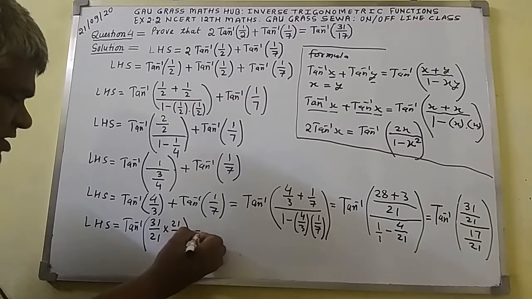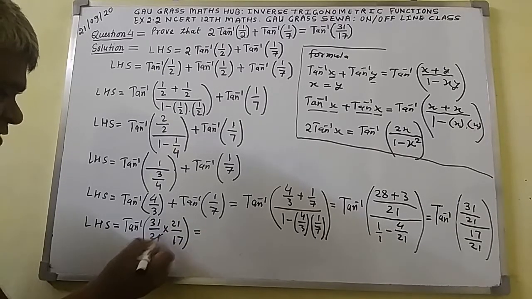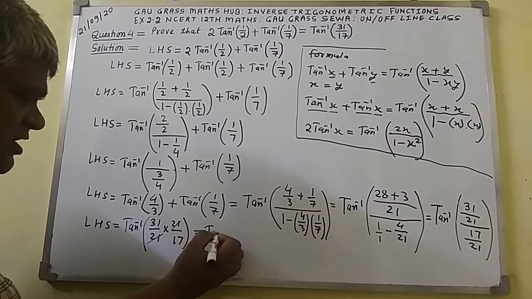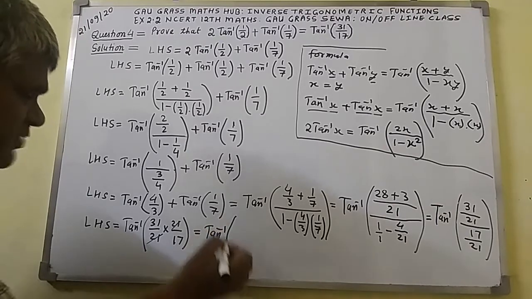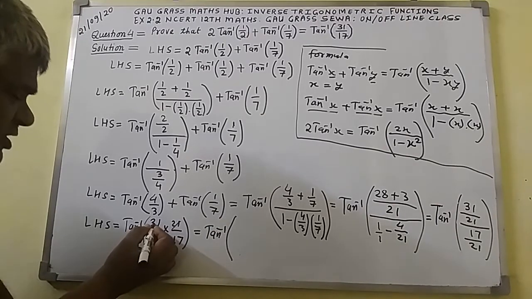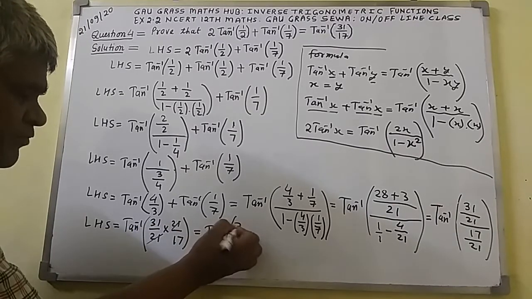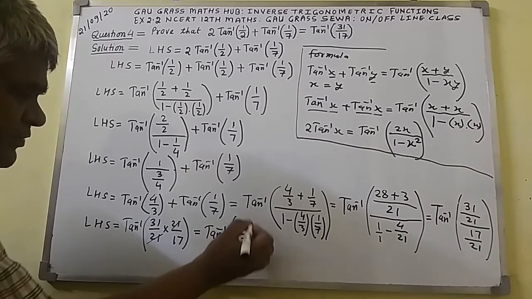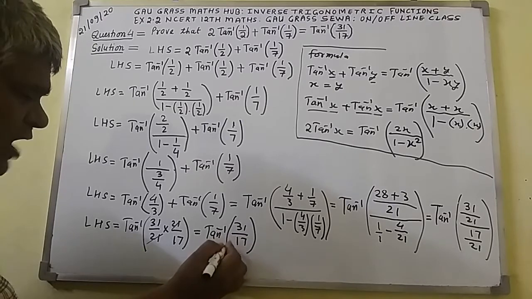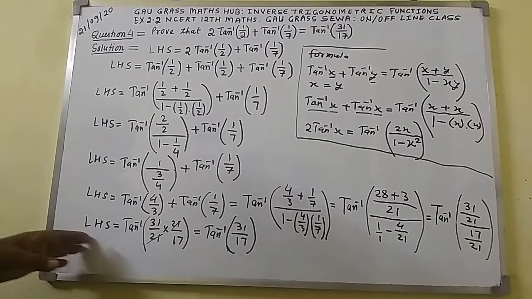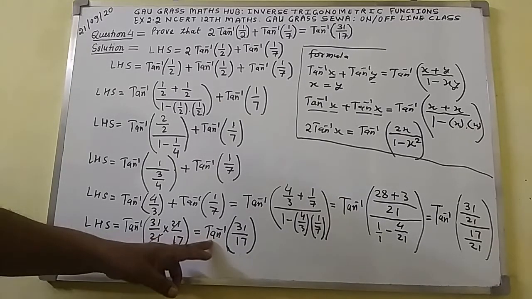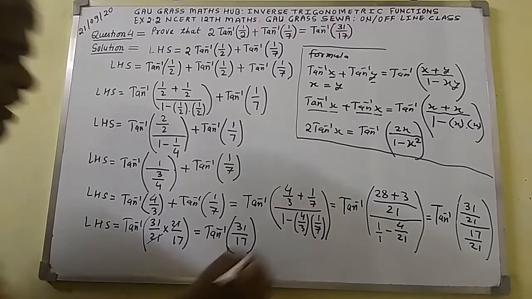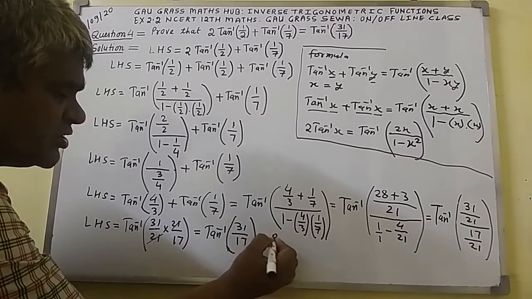Again you can write here this 21 will cancel out, you will get tan inverse in bracket in numerator 31 and in denominator here 17. Now you have got LHS is equal to tan inverse 31 over 17 comes out to RHS.